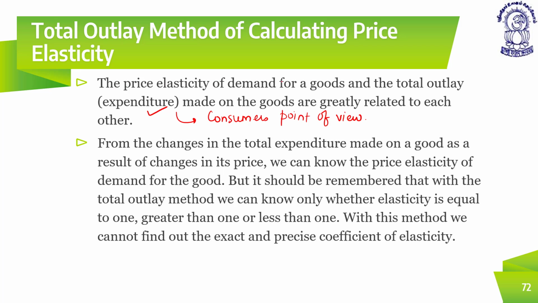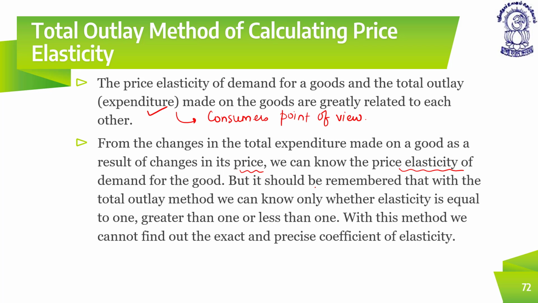The price elasticity of demand for a good and the total outlay, that is the expenditure made on the good, are greatly related with each other. From the changes in the total expenditure made on the good as a result of changes in the price, we can know the price elasticity of demand for the good.